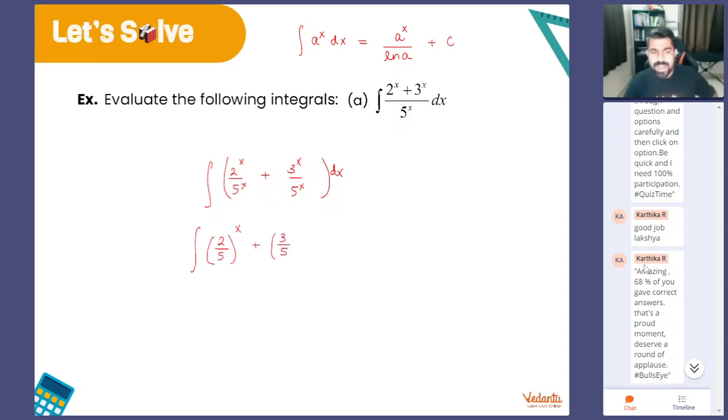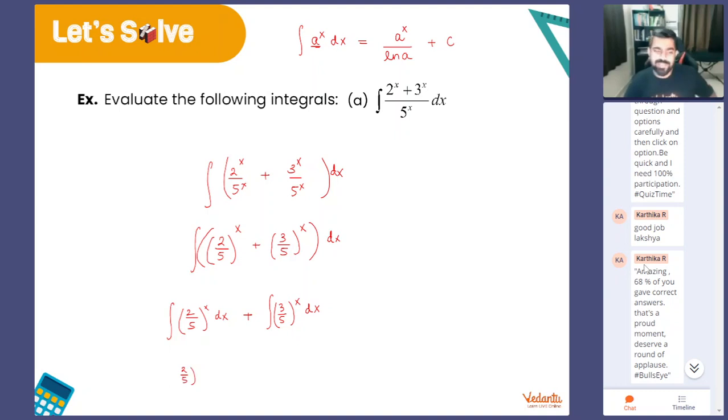Then I'll write it as integral of (2 by 5) whole power x plus (3 by 5) whole power x dx. Then I'm going to split it. So I'm going to write it as integral (2 by 5) whole power x dx plus integral (3 by 5) whole power x dx. Now it's direct formula, right?